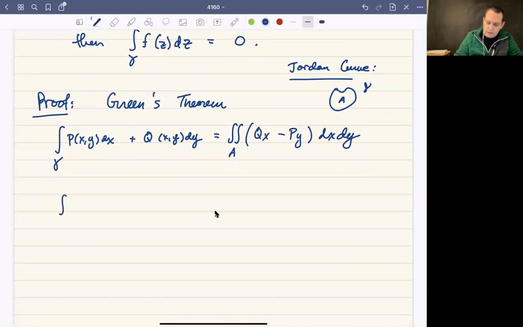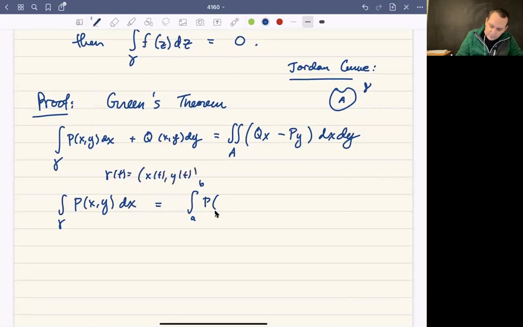And just as a reminder, the integral of p dx over gamma is defined as follows. Let's say gamma has a parameterization from a to b, so gamma of t is x of t, y of t, where t goes from a to b. Then this line integral is the integral of p of x comma y times, since it's dx, x prime of t dt.